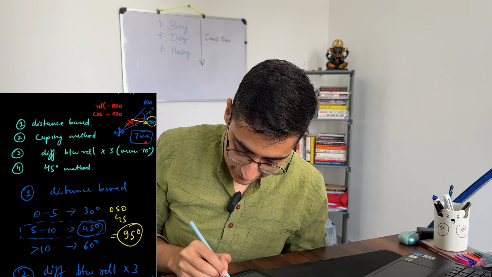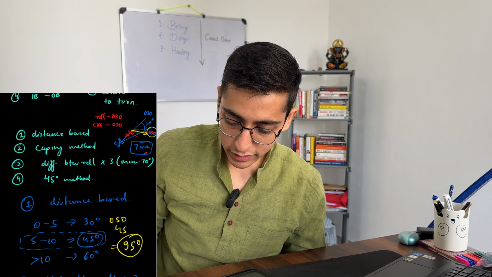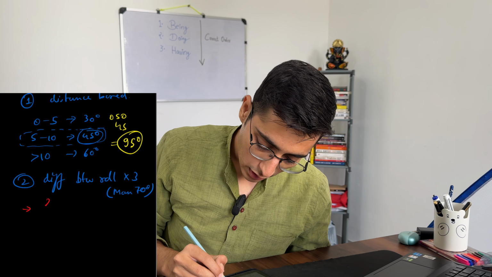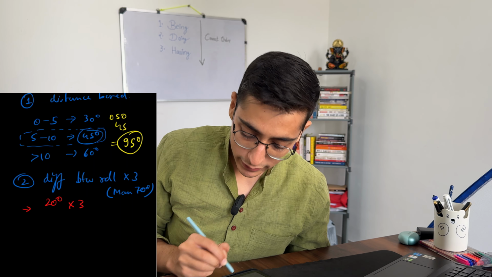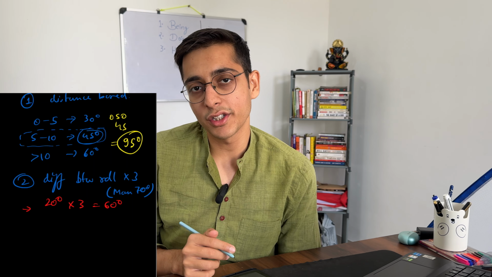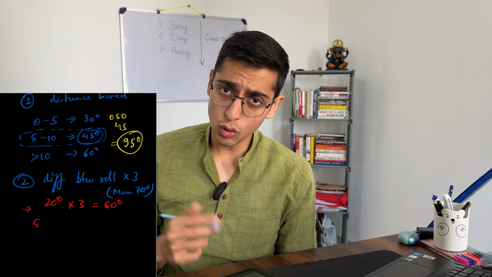Now, in this case, as I'm on 030 and I want to follow 050, the difference between the radials is 20 degrees. I multiply by 3, I get 60 degrees. So I need to apply a 60-degree correction to my desired course which I want to follow.